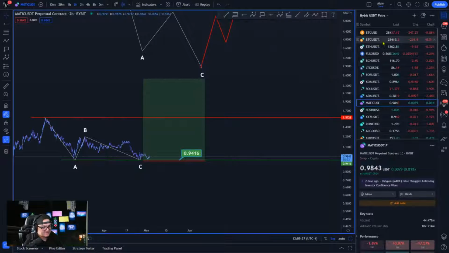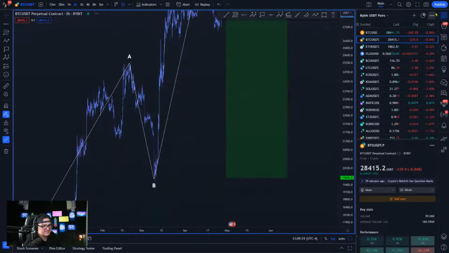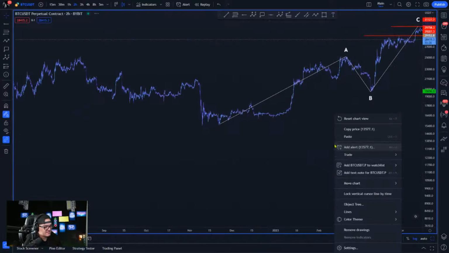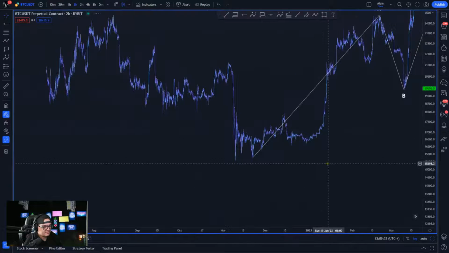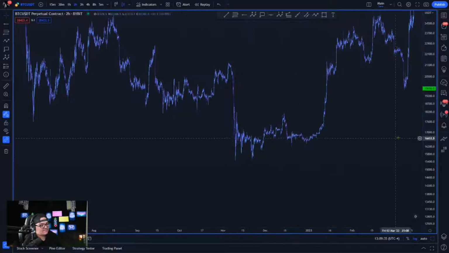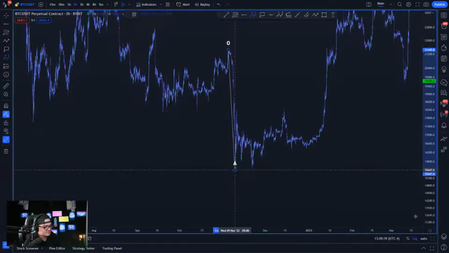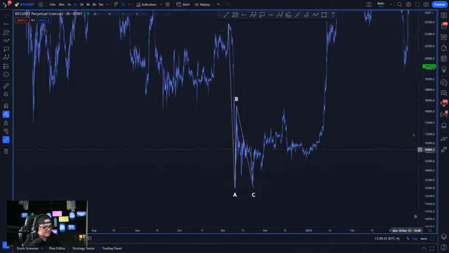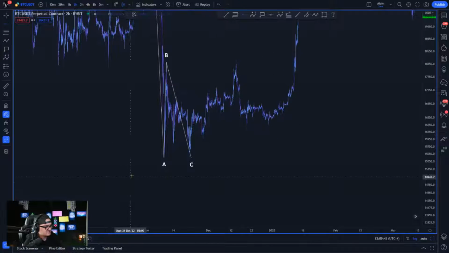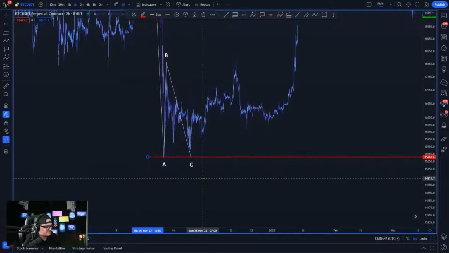A really good example of a continuation setup that I've taken in the past is that I have nailed the bottom of the market. There was a nice ABC trade on this dump. My position ahead of time got filled pretty much exactly at the low.